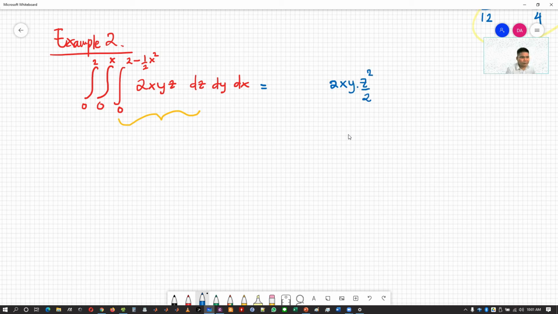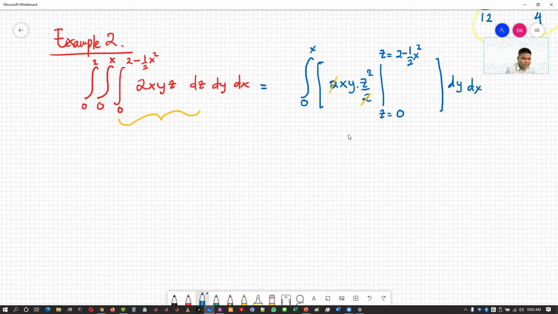I integrate with respect to z, and then the boundary is z from 0 until 2 minus a half x squared. Then we integrate with respect to y, and then x.